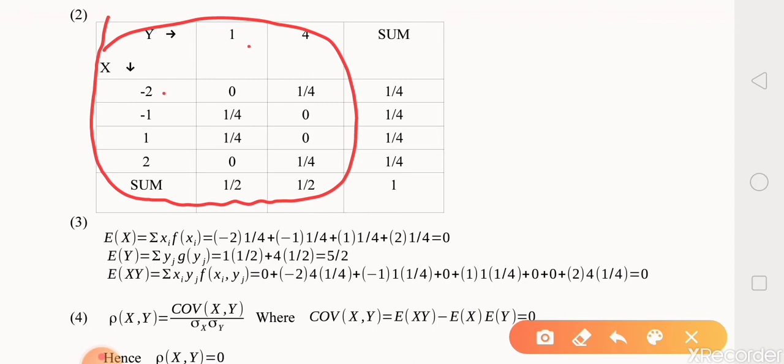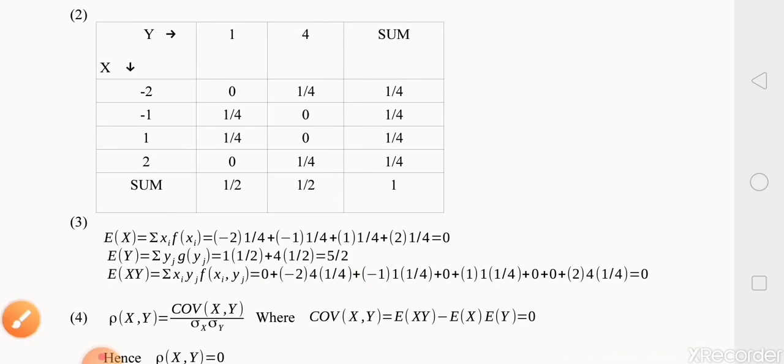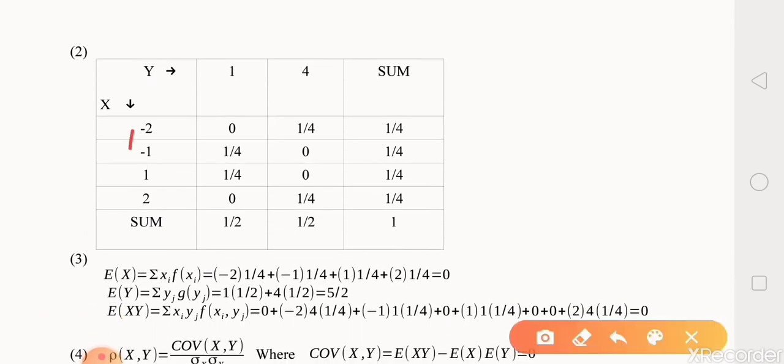Minus 2 into 1 into 0, 0 plus minus 2 into 4 into 1 by 4 plus minus 1 into 1 into 1 by 4 plus minus 1 into 4 into 0 plus 1 into 1 by 4 plus 1 into 4 into 0 plus 2 into 1 into 0 plus 2 into 4 into 1 by 4. So take all possible combinations of x and y along with their joint probability. That gives expectation of x into y as 0.